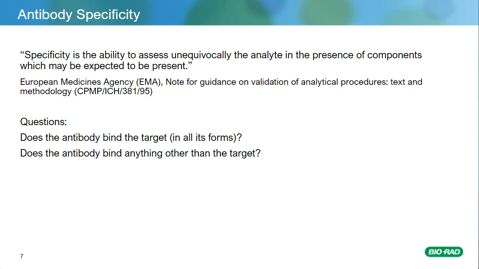And we could even think more broadly, is there anything else in the matrix that may actually interact with the antibody and give a false signal? A lot of proteins in serum can interact with the FC domain, for example, of antibodies, such as human anti-mouse antibodies or rheumatoid factor, or if you're doing cell-based assays, FC receptors, etc. So there are a lot of things potentially in the sample that could either quench the signal or could give a false positive signal or could interact in a lot of ways.